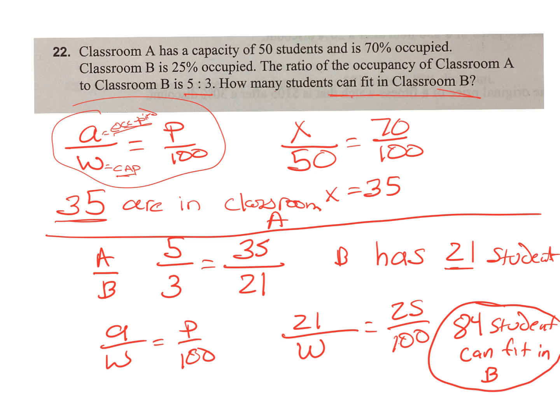So when you use that 70% and the ratio of 5 to 3, you figure that out, and then you can figure out how many students can fit in B once you know that there are 21 students and that is 25% of the capacity. Okay? Hopefully that helps a little bit. We'll talk about those and any other questions you have on Monday.